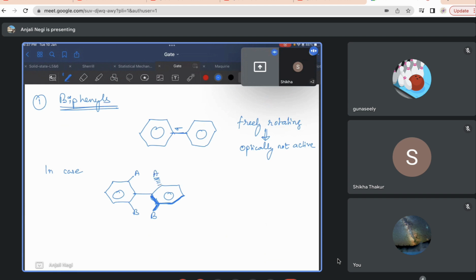This particular case of biphenyl will show stereoisomers and will be optically active.